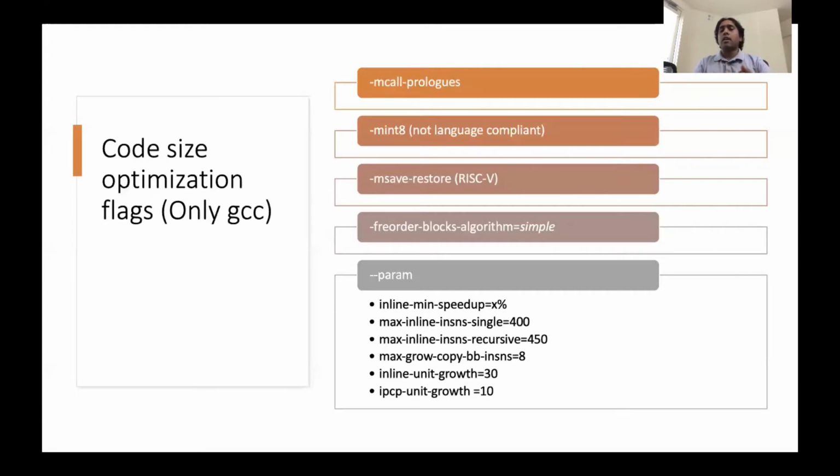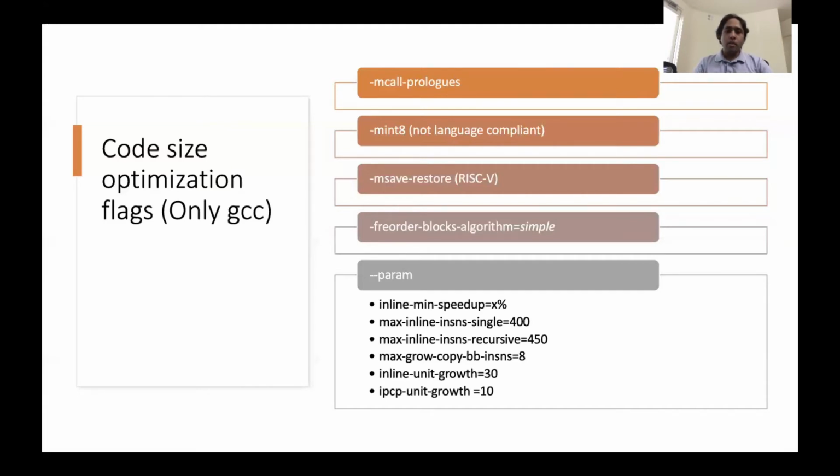The compiler has a set of heuristics to reorder these basic blocks. Now, different orders can incur different code size overhead. The simple algorithm, -freorder-blocks-algorithm=simple, incurs the least amount of code size overhead. So this can save code size as well. I'm not sure how much this will save, but it is good to try.